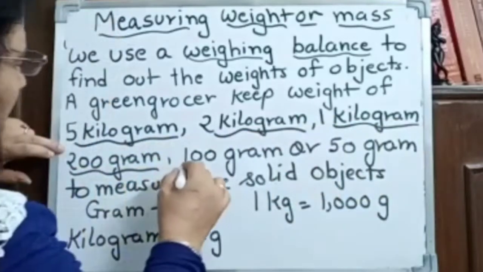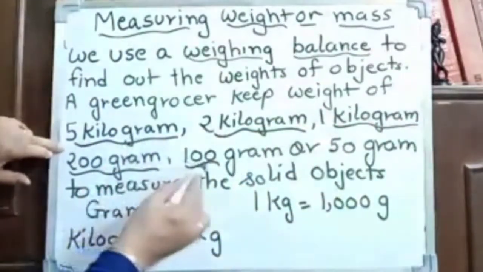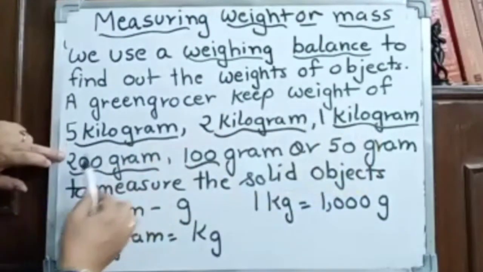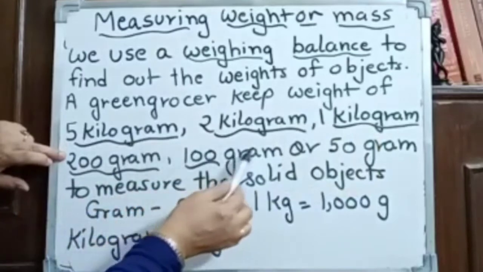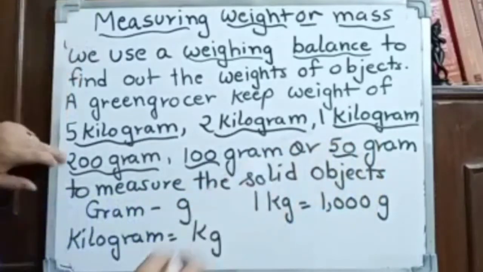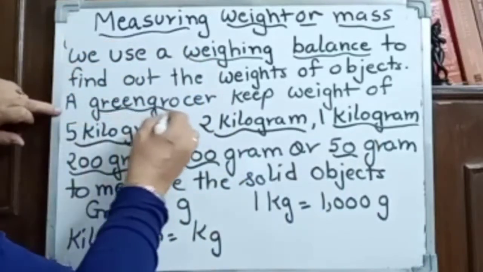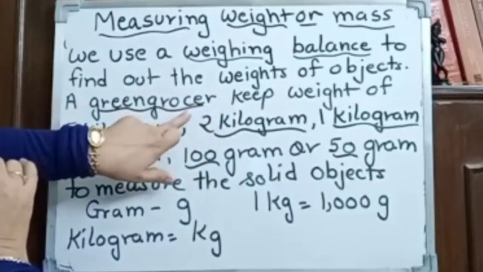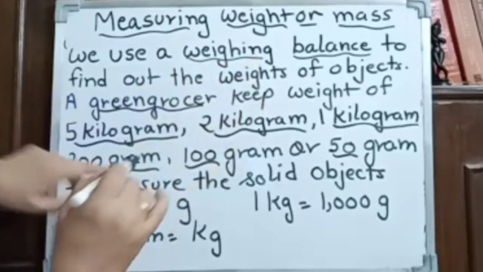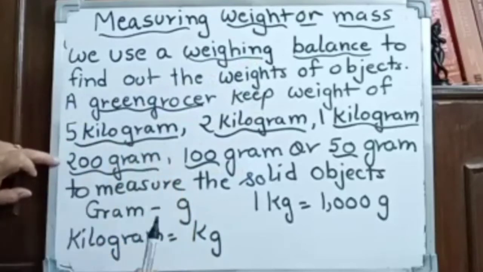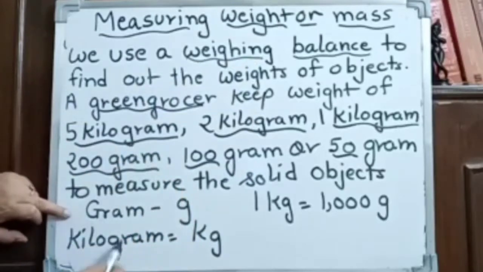They keep this weighing balance with them to measure solid objects. So we have two units to measure weight or mass: gram and kilogram.